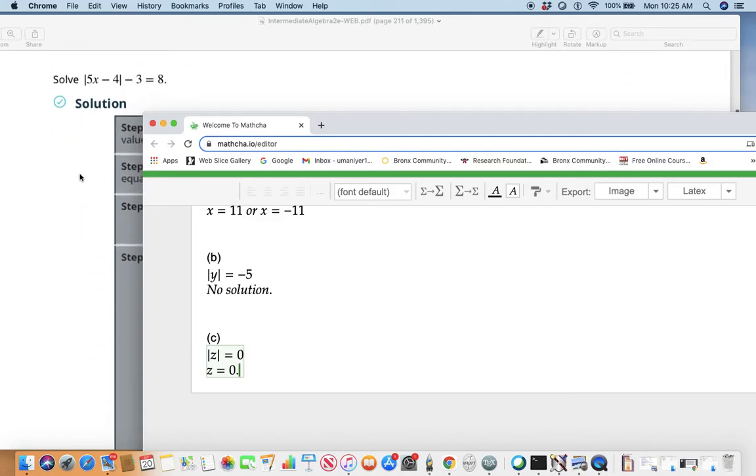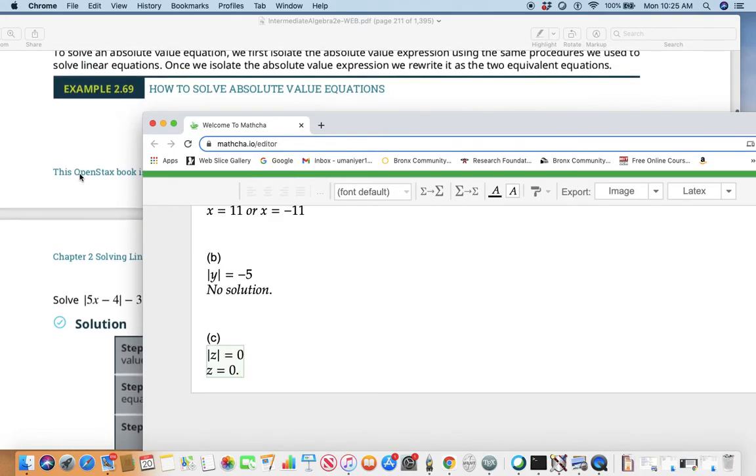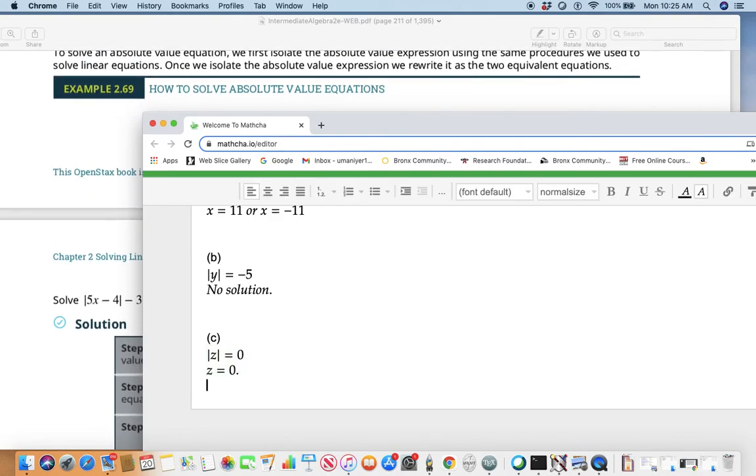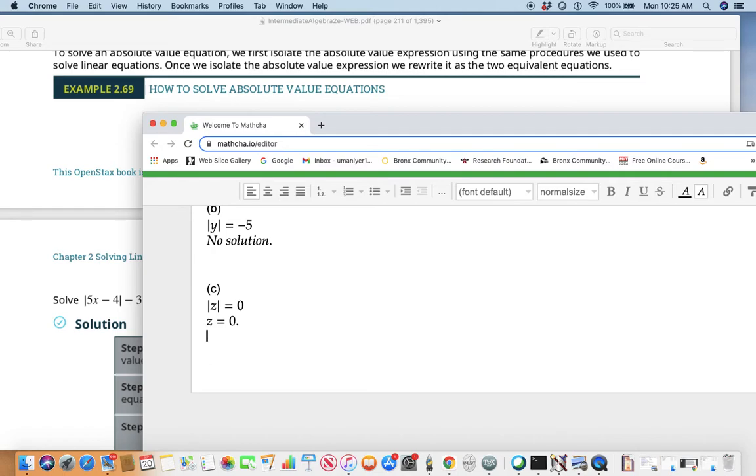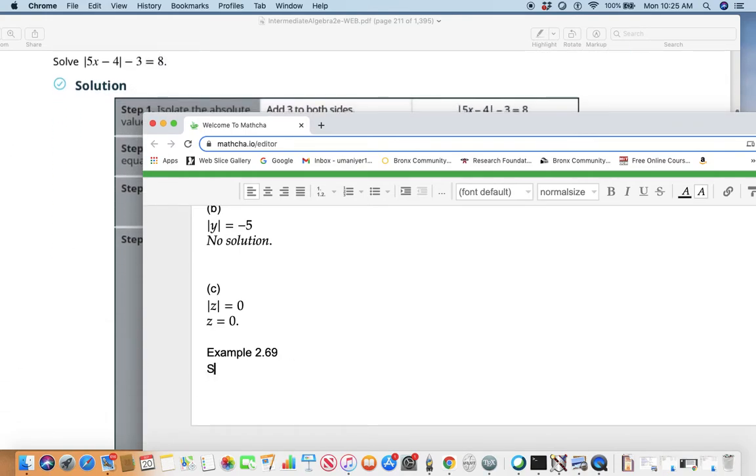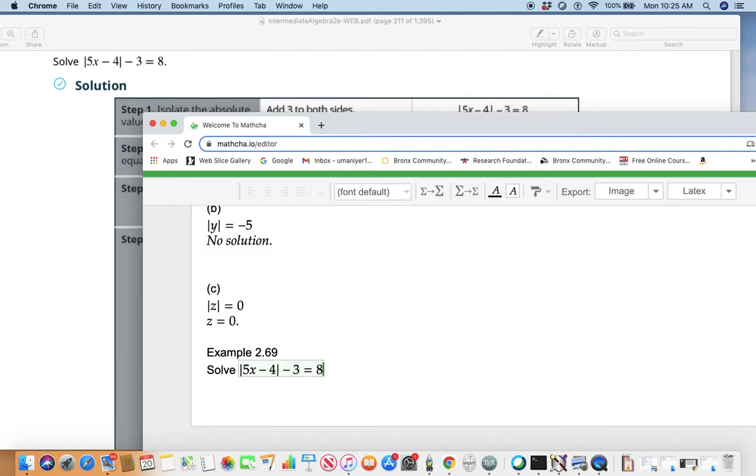Here is a nice example. Example 2.6.9. Solve: the absolute value of 5x minus 4, minus 3, is 8.